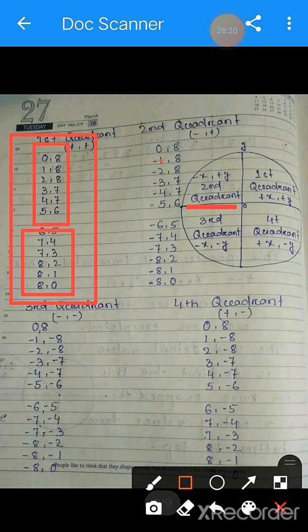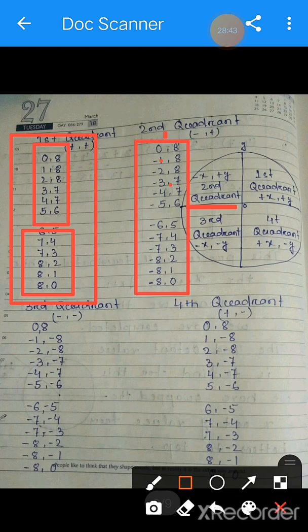So we write all these with only x values minus: 0, 8, minus 1, 8, minus 2, 8, minus 3, 7, in this way. And minus 6, 5, minus 7, 4, minus 7, 3. So this is your second quadrant.